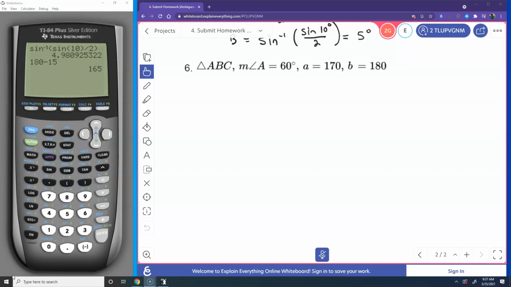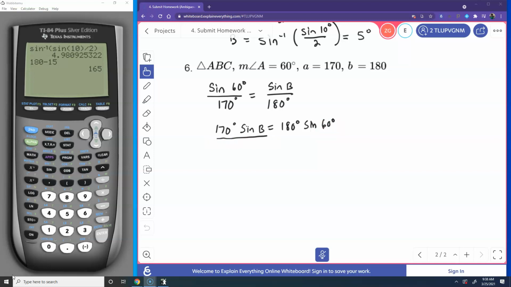Here was the last problem that you had for the homework. So you have the sine of 60 degrees is to 170, as the sine of B is to 180. You're going to cross multiply, so you have 170 sine of B is equal to 180 times the sine of 60 degrees.